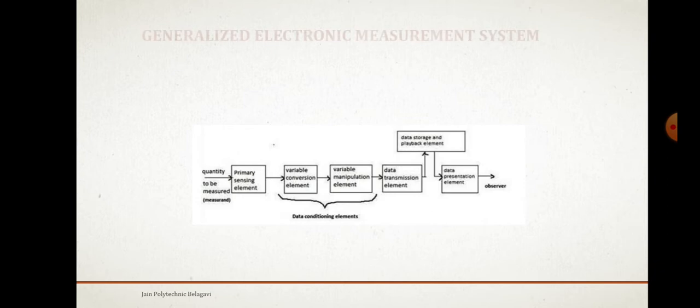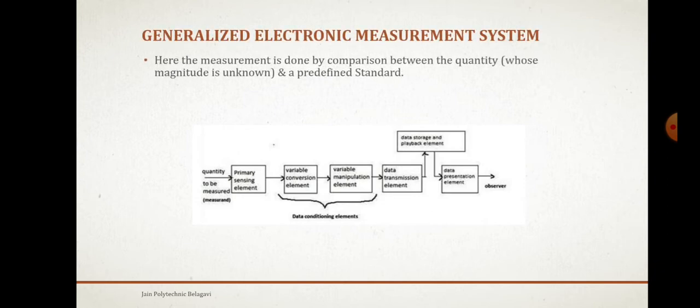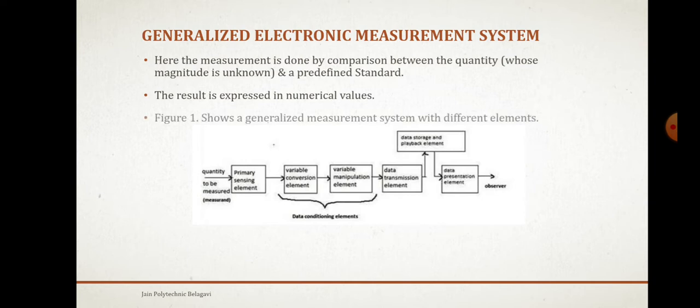So first, we will be seeing the generalized electronic measurement system. Here you can see the block diagram of that system. Measurement is done by comparison between the quantity whose magnitude is unknown and a predefined standard. The result is expressed in numerical values. So what all will be there?